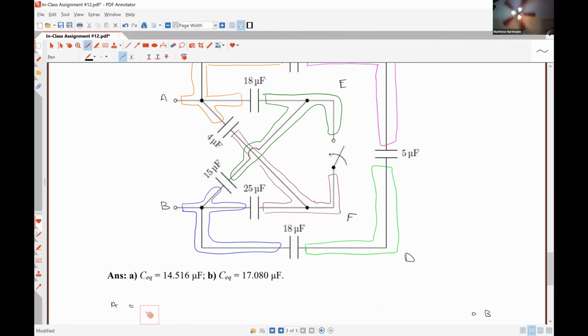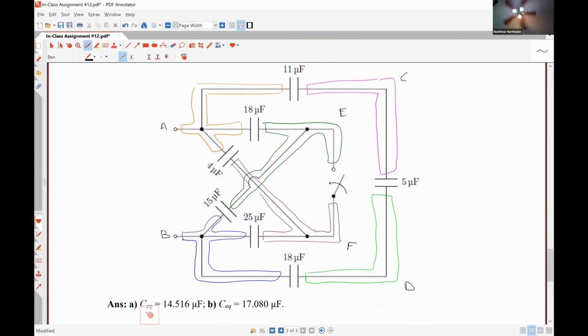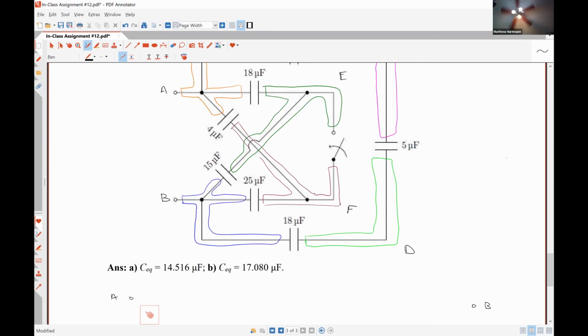So I have a couple of different paths that I can take. So for instance, I can go from A to B, I could go from A to C to D to B. So let's do that one first.